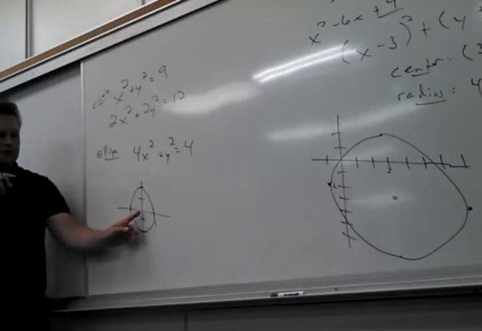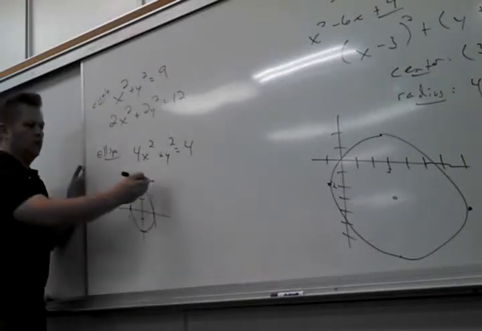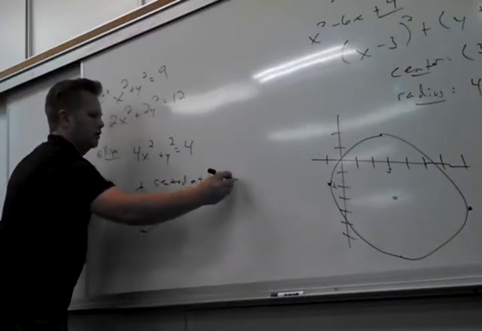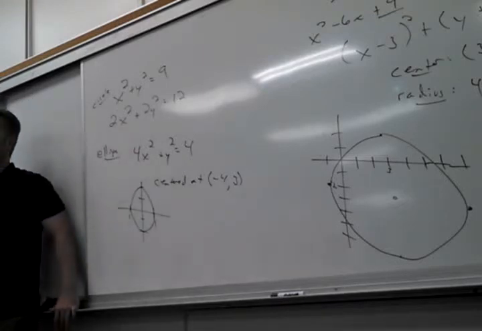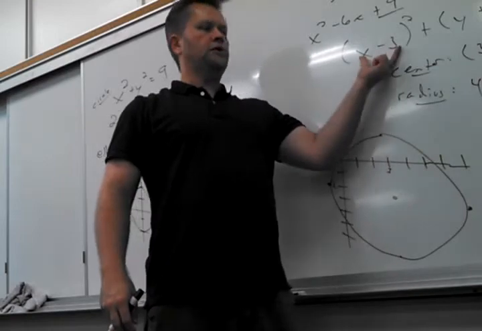If I wanted an ellipse that's centered somewhere else, what would I do? I want the same ellipse, but I want it to be centered at negative 4, 3. How would I change the equation? Don't overthink it. Why was the center here 3, negative 2? Because I put the negative 3 in there.